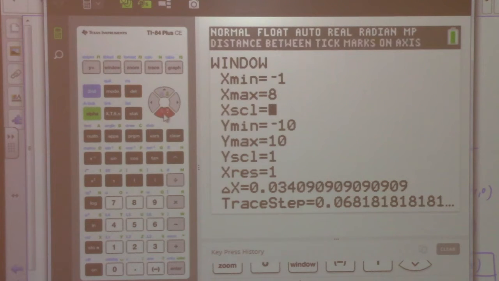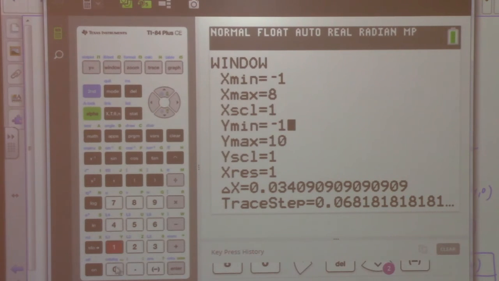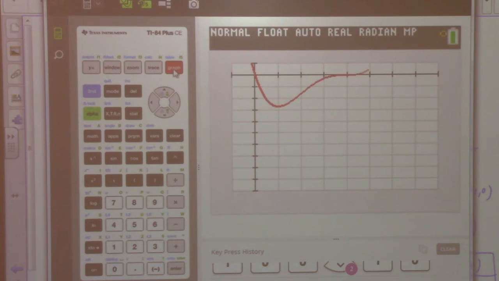Minimum, was it -100, something like that? And we'll just leave the scale, put it at 10. Should be able to see something here. Yeah, you can see the general shape is right, isn't it?